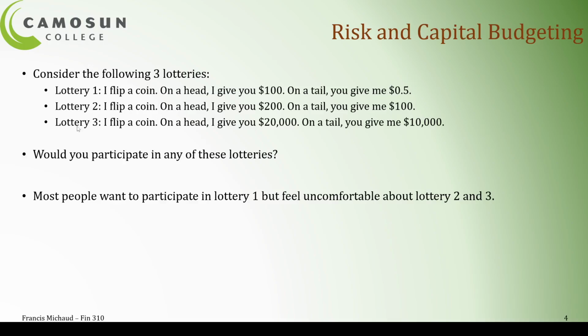In lottery three, the amount that you lose if you lose is quite high. And for this reason, many people will not pick lottery three and will prefer lottery one. But again, this is weird. The expected payoff of lottery three is much, much higher than the other two lotteries. You should be willing to participate in lottery three.